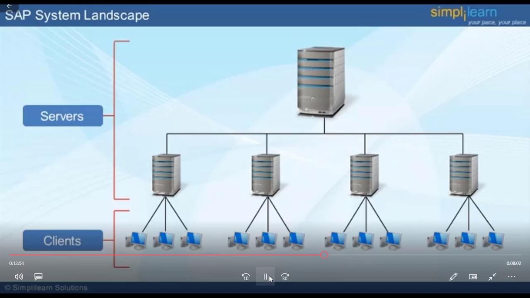However, when the data is configured, it must be ensured that the cross-client customizing settings and repository objects are the same for all clients in a single SAP system. Changes made in one client apply immediately to all clients in the system. Let us learn about SAP Servers.